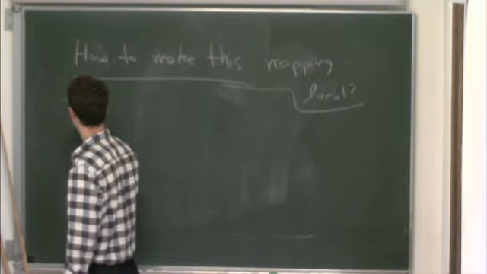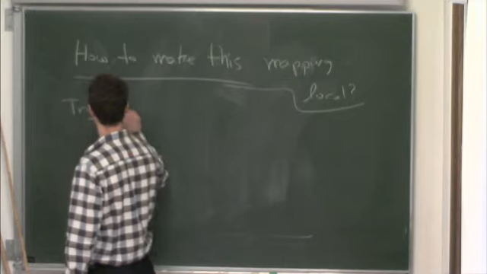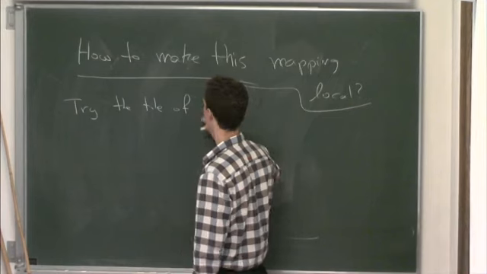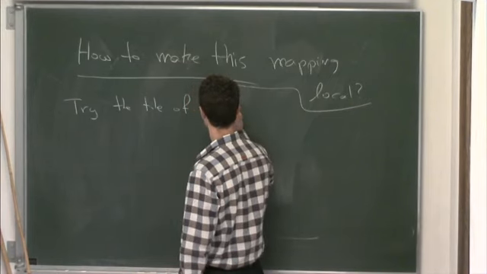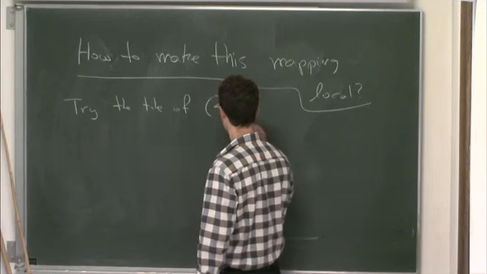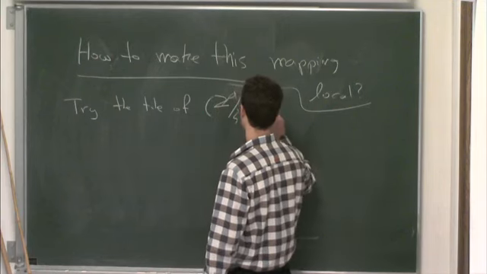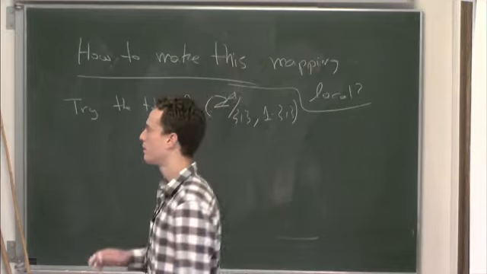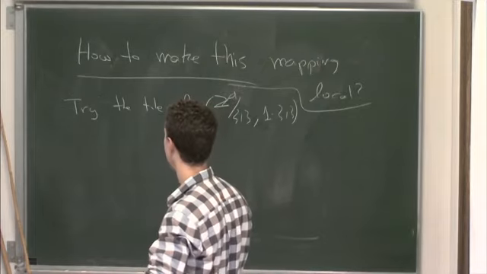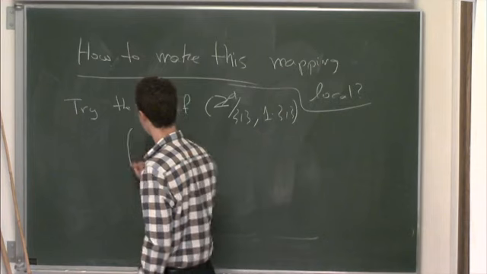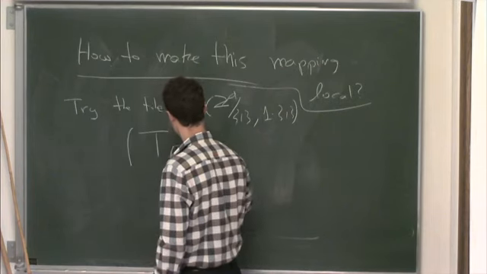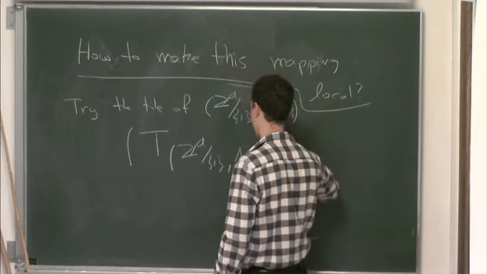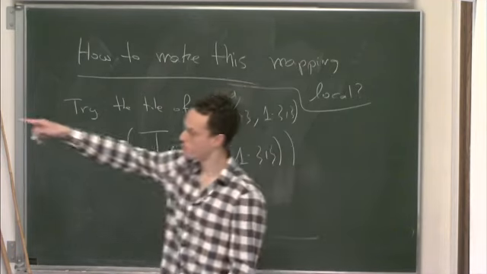First, try the tile of Z^d mod 1. So this is a particular G set, the G set of the Cayley graph. Yes, this is just T of the Cayley graph, which was supplied to me there.